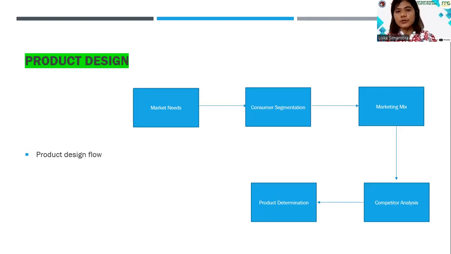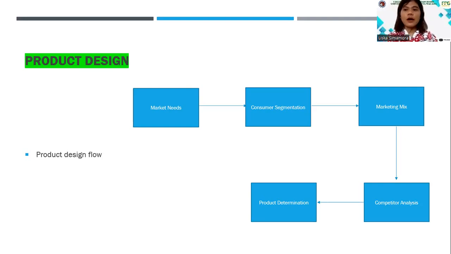In order to do market analysis, we have to do a market survey. To do a market survey, you have to follow the steps, and then do the survey to collect the data, to analyze the data, and to report your survey result.